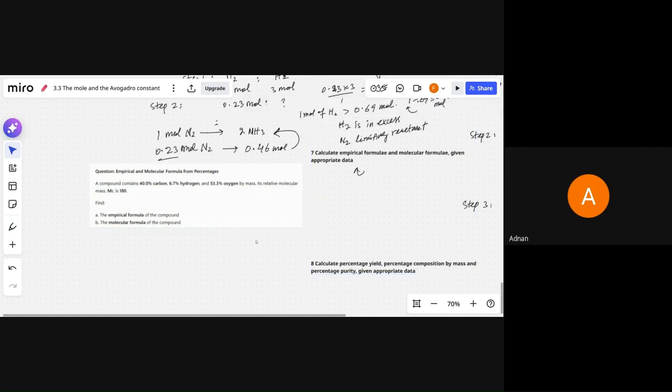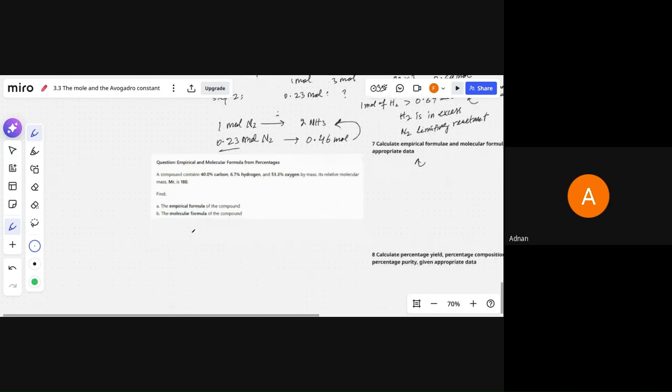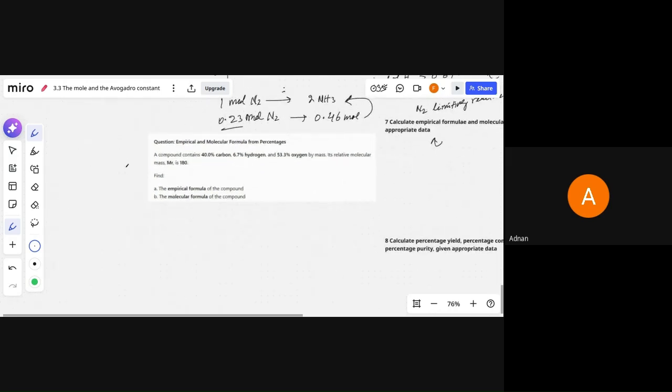Okay, so this question states that a compound contains 40% carbon, 6.7% hydrogen, and 53.3% oxygen by mass. Its relative molecular mass is 180, and we must find the empirical formula and the molecular formula. So how do you find an empirical formula?